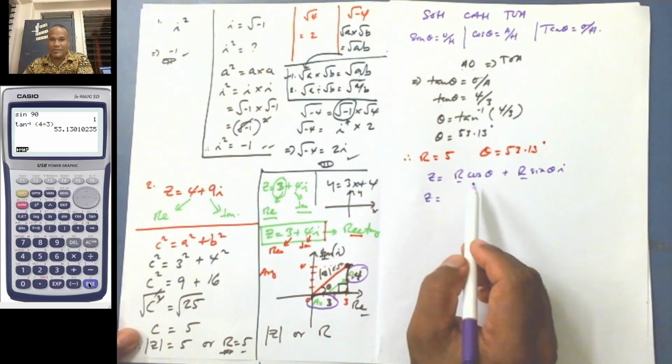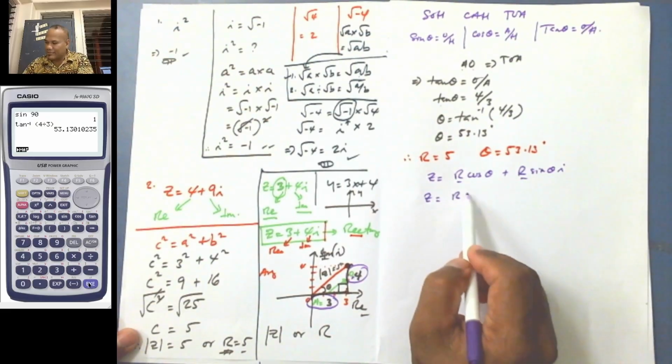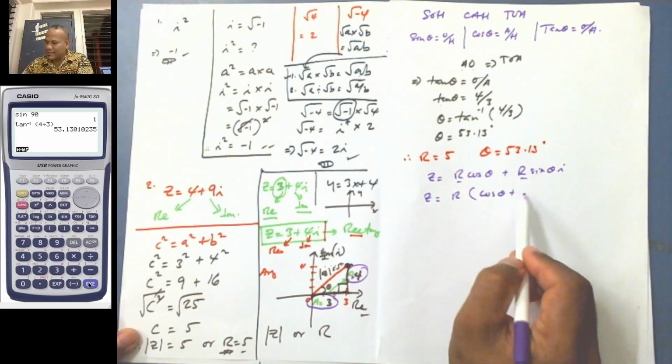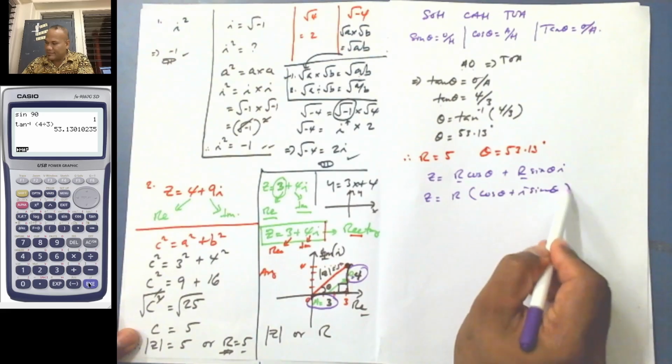Z is equals to R into cos theta plus I sine theta.